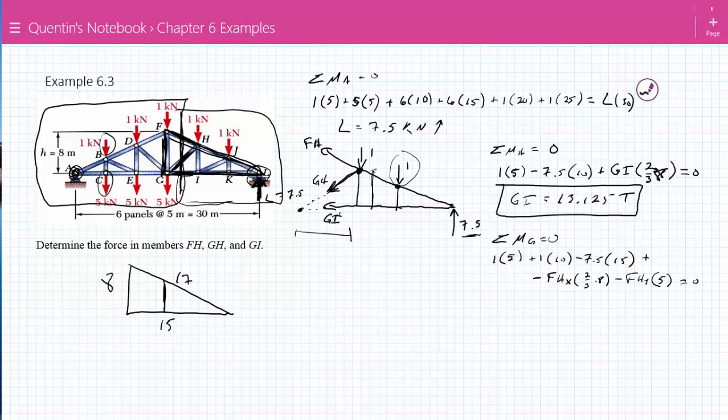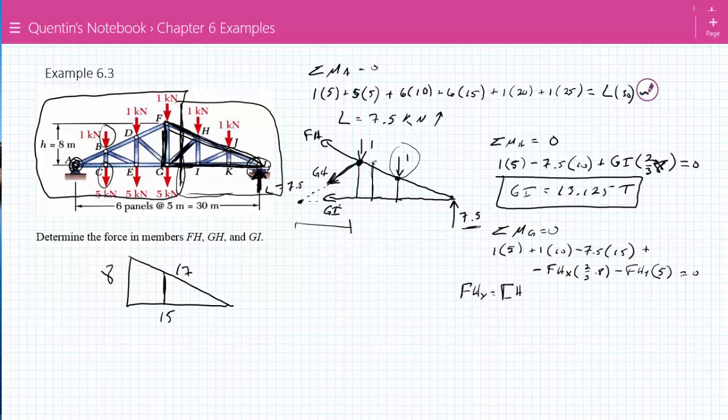But we know FH in x is what? Well, we figured out this triangle over here, right? It's the same triangle, so FH in y is FH times 8/17, and FH in x is going to be FH times 15/17.